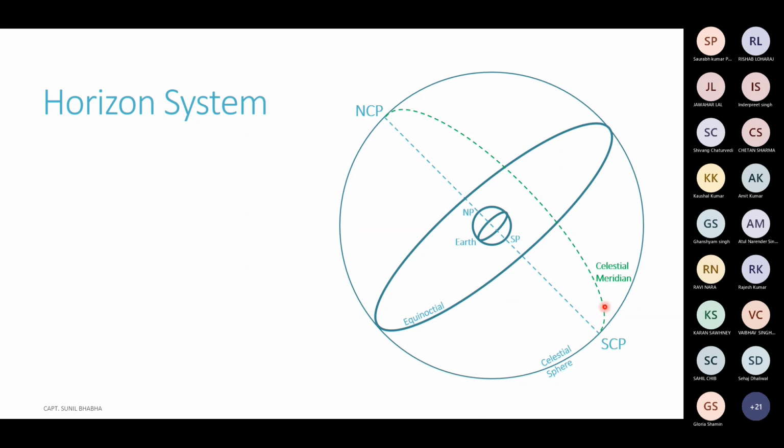Then you have the semi-great circle joining both the celestial poles. The green color semi-great circle which you see, that is the celestial meridian. And you see the equator projected onto the celestial sphere, giving us the equinoctial.